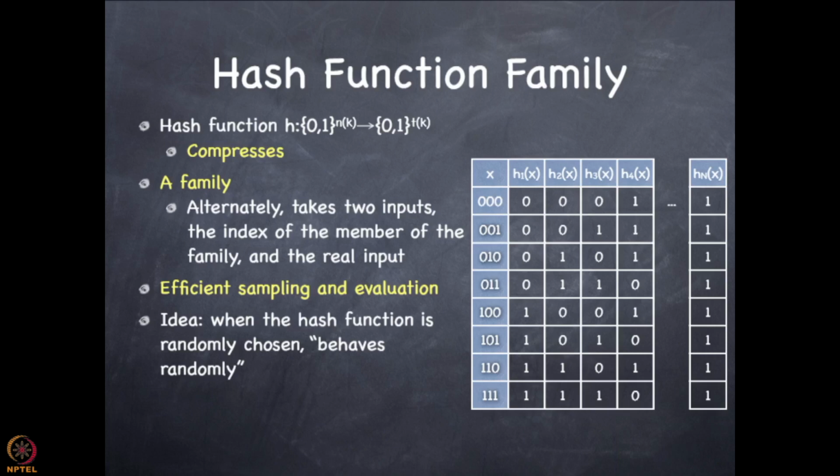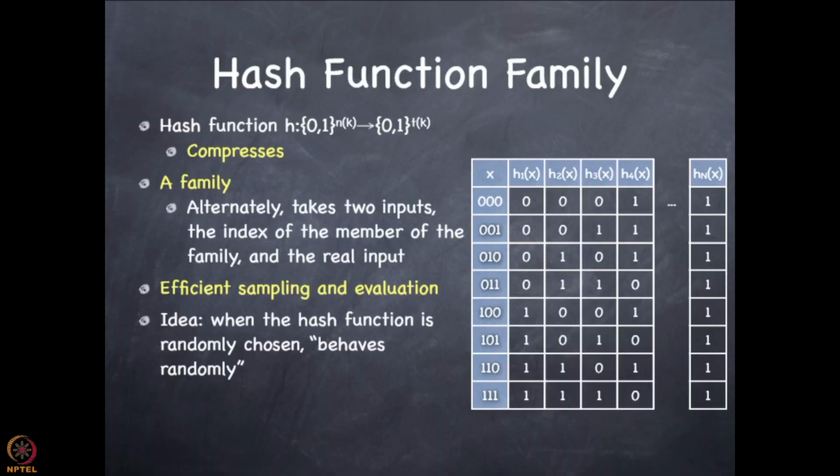That's the effect we would like to have, but that's an inefficient function, because if this table had every function possible, then a representation of such a function is this entire column, but that's going to be really long when you have all possible inputs. Think of it as some 128-bit input. Then you have 2 to the 128 bits to specify, even if the hash function's output is a single bit. So having all functions in your family is not going to be efficient, but that's the effect you would like to have.